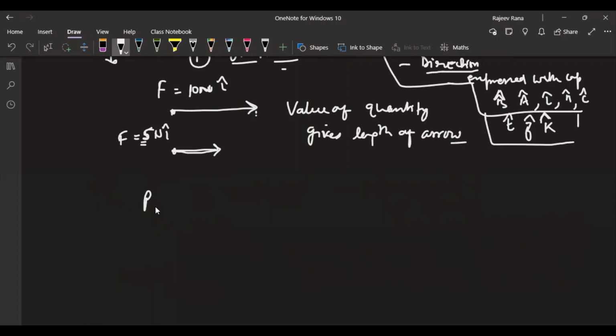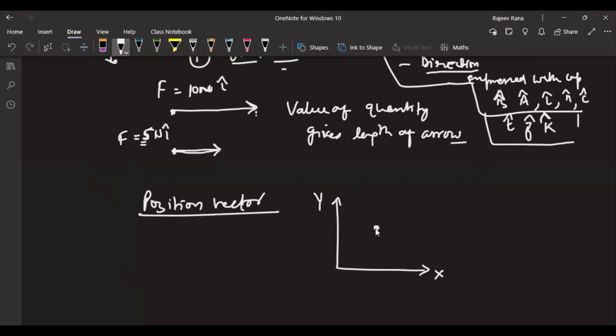Next, now, position vector. Suppose this is the x-axis and this is the y-axis. If any object is here, obviously you will express it with the coordinates x and y. So the line from the origin, which will tell its position, will be called the position vector.